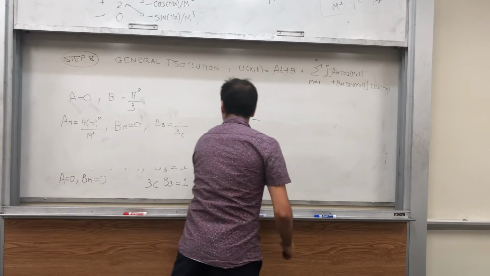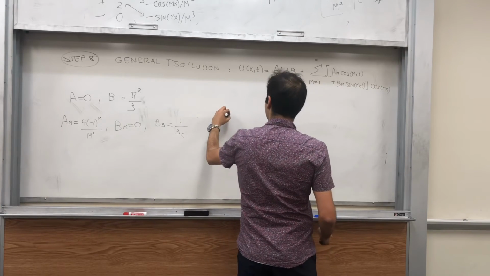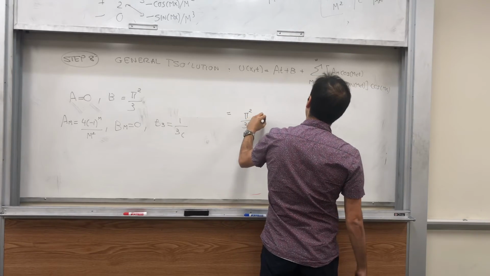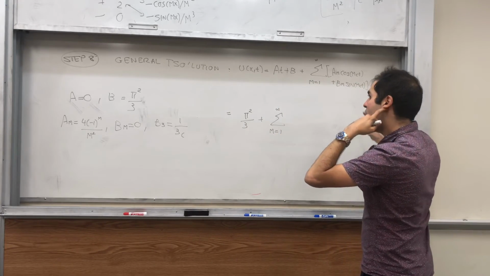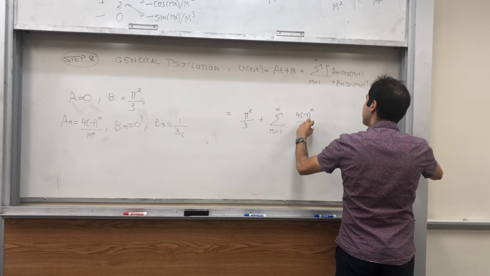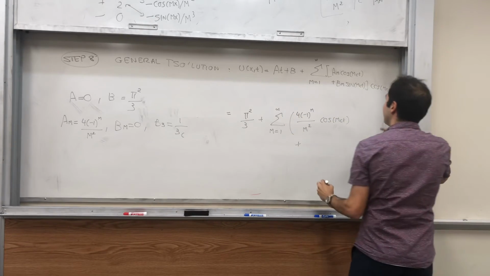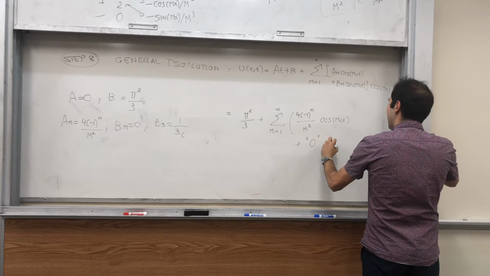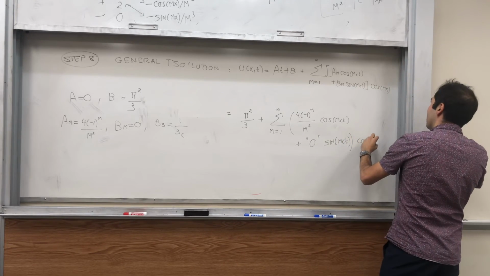So if you want, you can write this down more explicitly as follows. A is 0, so pi squared over 3, plus the sum from m equals 1 to infinity of, so am is 4 times minus 1 to the m over m squared, cosine mct, plus basically 0, that's what I want to emphasize, 0 times sine of mct, times cosine of mx.